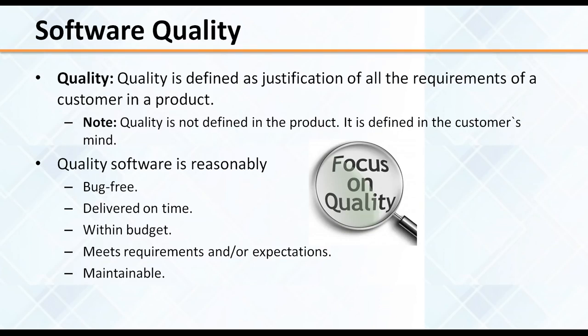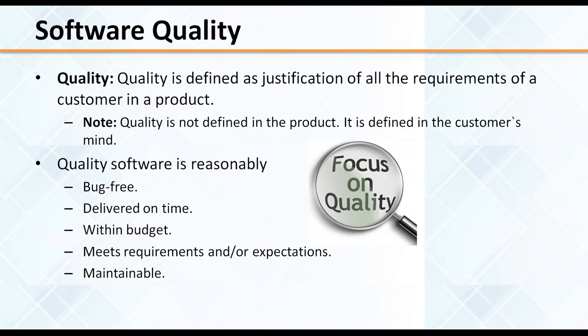And then, within the budget. Suppose the customer has allocated some budget. If you are developing or testing the software beyond this budget, for example the number of people, hardware resources, or software licenses we purchased take more money, then the budget is crossed.